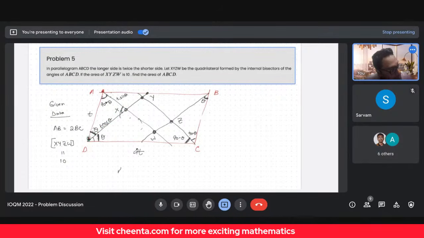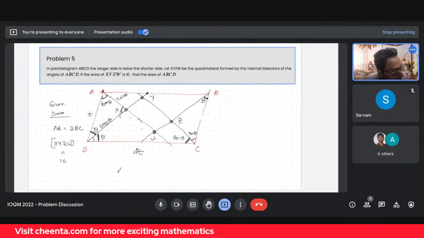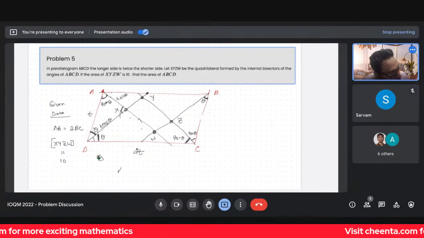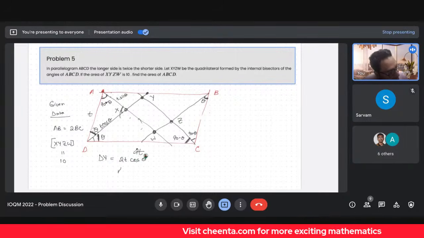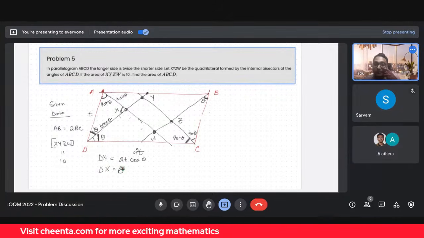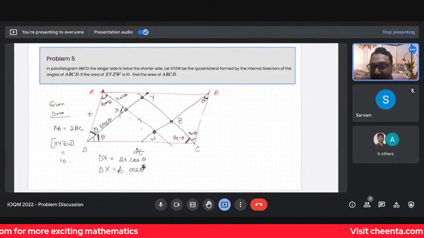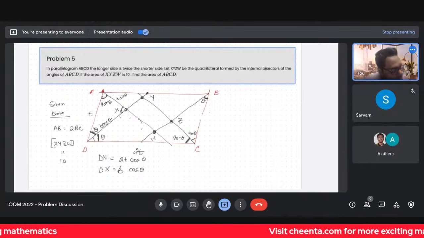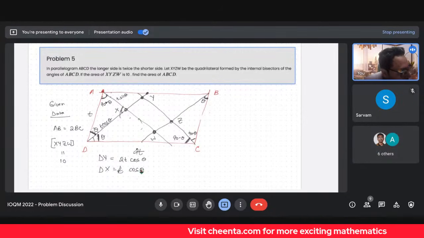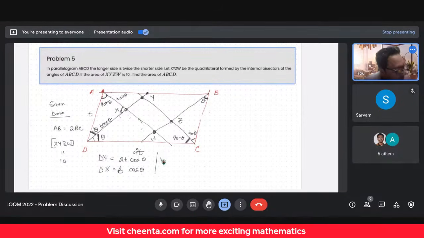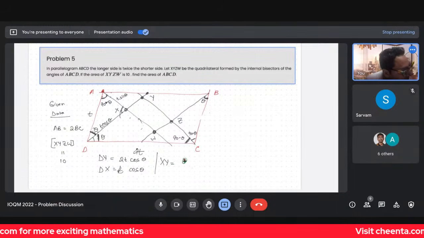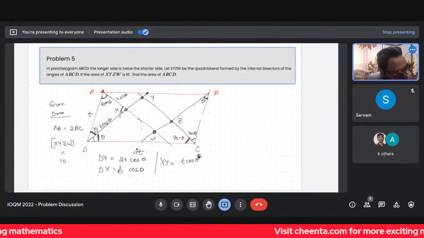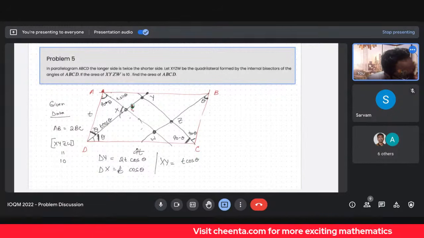This DY, let me write it here: DY is 2t cosine theta and DX is t cosine theta. That's what we found earlier. So if you take the difference, you get the value of XY. So XY is simply t cosine theta. Let me write that: XY is t cosine theta.